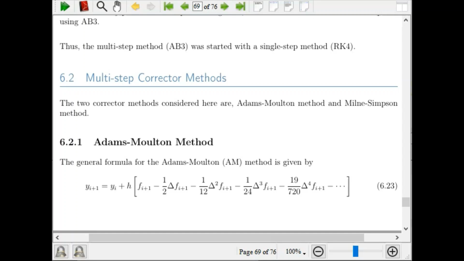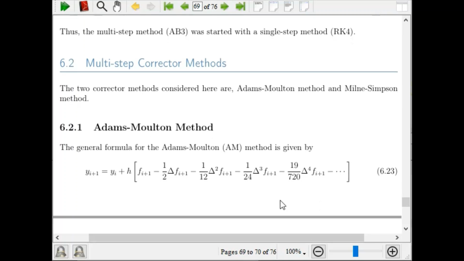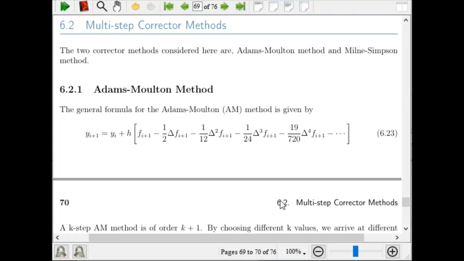In the previous lecture, we looked at a multi-step predictor method, specifically the Adams-Bashforth method. But here, these are corrector methods.